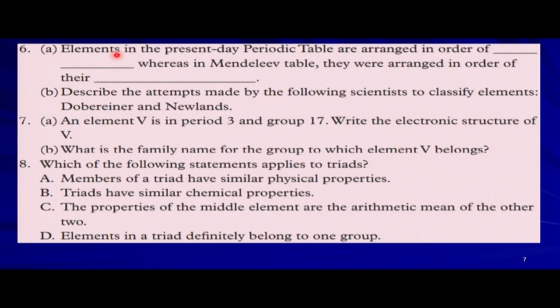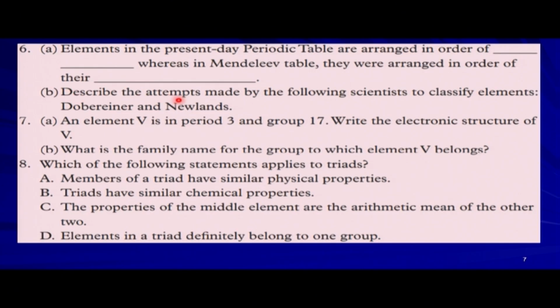Elements in the present-day periodic table are arranged in order of, do you remember that? Order of increasing atomic numbers, whereas in Mendeleev's table, they were arranged in order of what? Try to remember. Their increasing mass numbers. Okay? That is the main difference.